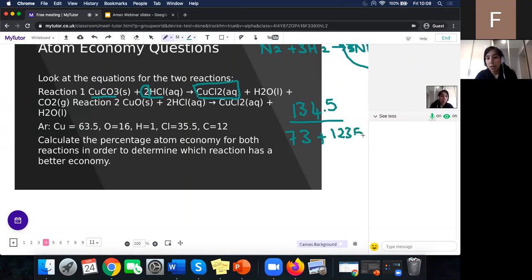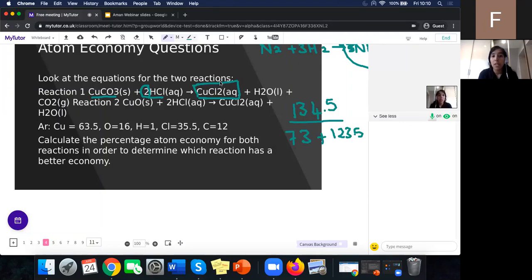And then if you put that into your calculator, remember we multiply by 100 because, again, we want a percentage. So we get 134.5 on the top, then it's 73 plus 123.5. We then times by 100, and you should get an answer of 68.4% to 3 significant figures. Great, so 68.4%. Okay, well done to everyone that gave me answers.